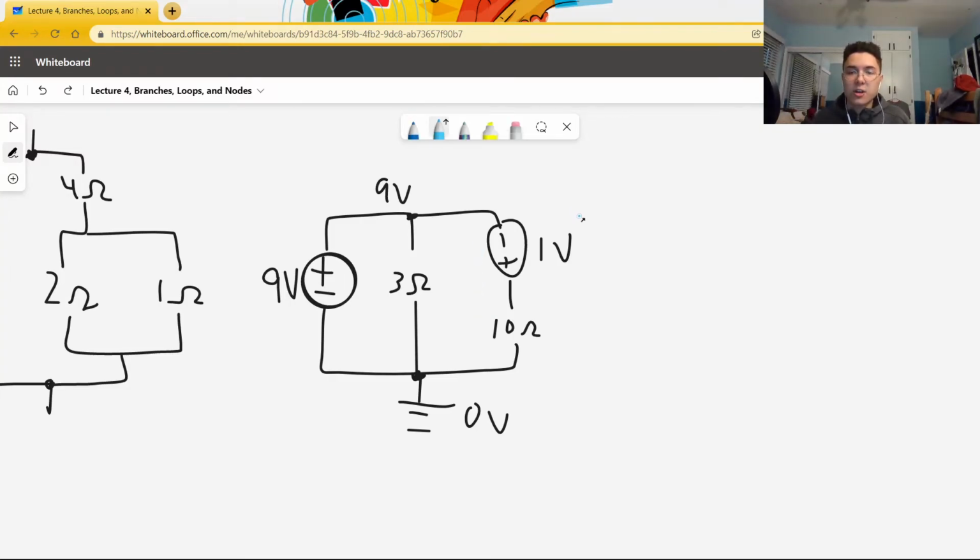The fact that an electron is supposed to lose 9 volts across this branch helps us analyze what the voltage drop across this resistor is. We know that because it gains an extra volt when it goes across this battery, it has to lose that extra volt and all 9 volts when it goes across this resistor. So this resistor must experience a 10 volt drop as opposed to just a 9 volt drop like this resistor does.